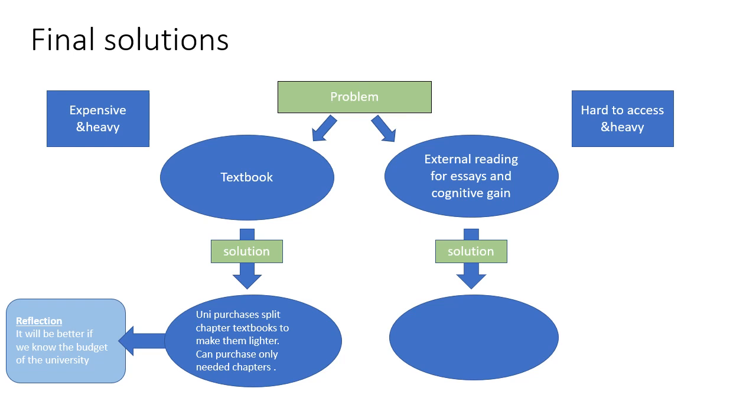For the persona Jason, he has the problem of hard access to books, and the books are heavy. So for him, we shall solve the problem of lack of paper external reading for essays and cognitive gain. The solution for this part is still not decided yet.